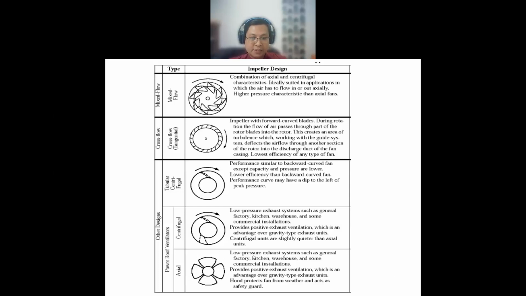Low pressure exhaust systems such as general factory, kitchen, warehouse, and some commercial installations provide positive exhaust ventilation, which is an advantage over gravity type exhaust units. It could protect the fan from the weather and act as a safety guard. So sometimes we can use it in the exhaust system, leading to the collector or to the outside.